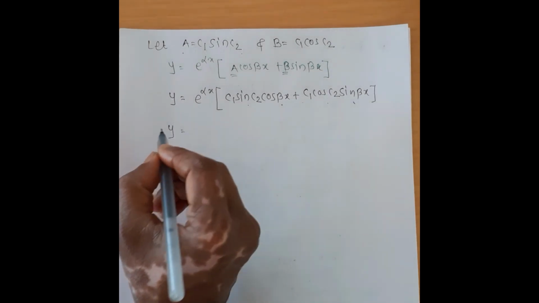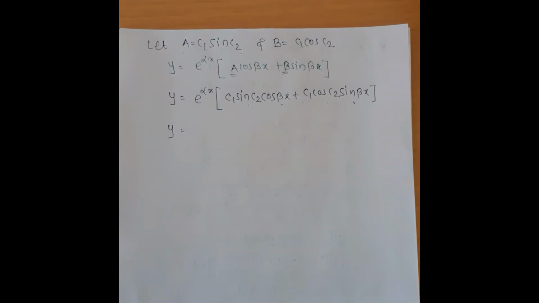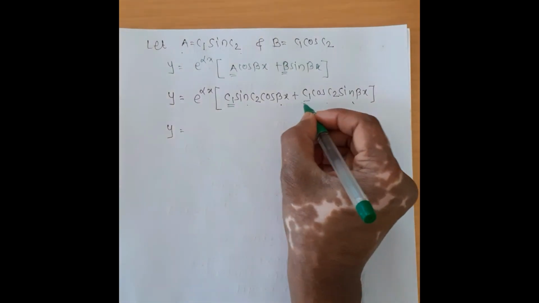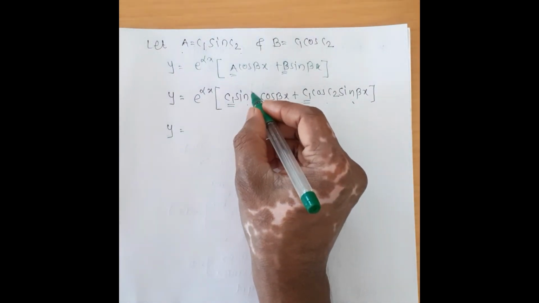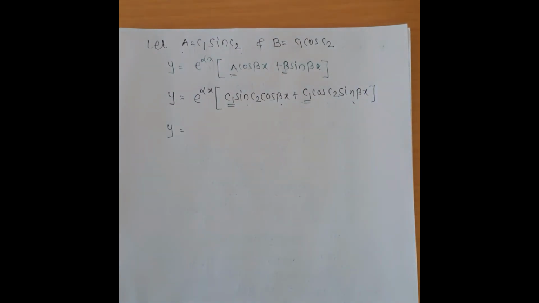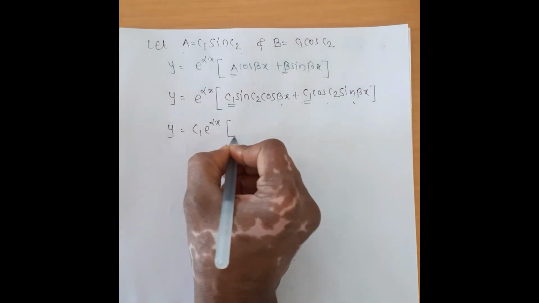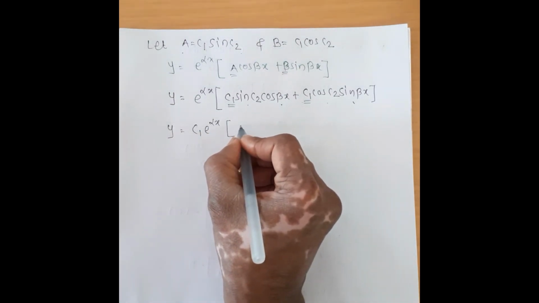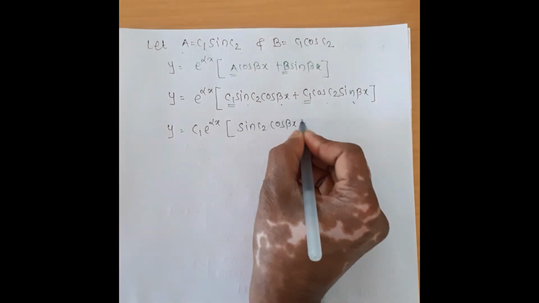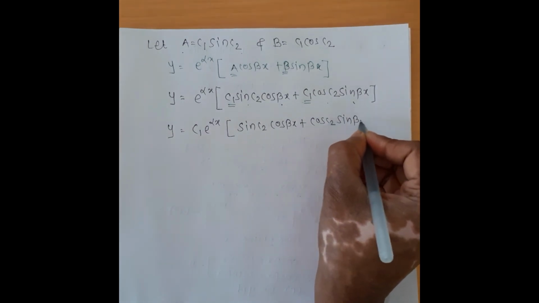y is equal to, so here the thing is that C1 and C1 are common. This is an angle factor, C2 and this C2 is an angle factor. So this C1 is outside of the bracket, and we write C1 e raised to alpha x into sin C2 cos beta x plus cos C2 sin beta x.